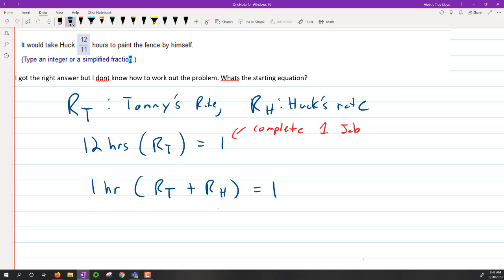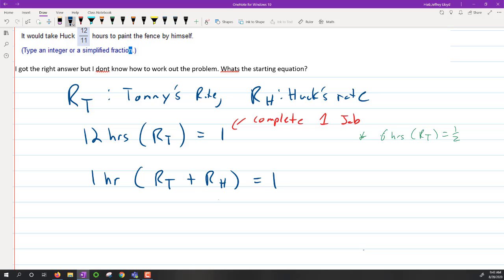I could say, if I wanted to, you don't need this as part of the problem, but I will note that 6 hours times Tommy's rate would be a half. If he can get the whole thing done in 12 hours, we're working from the assumption that it's sliced up into intervals. So therefore, R sub t is 1/12, per hour.